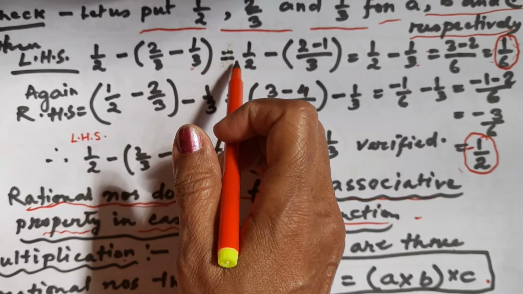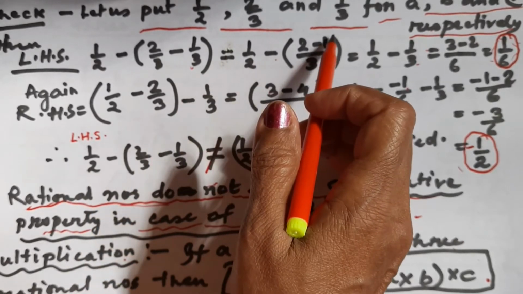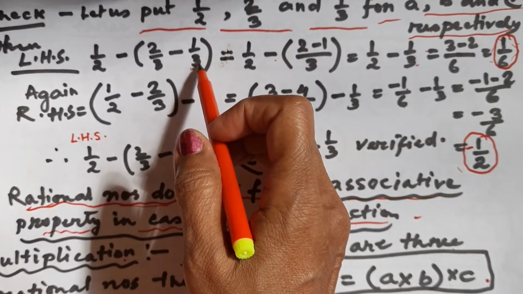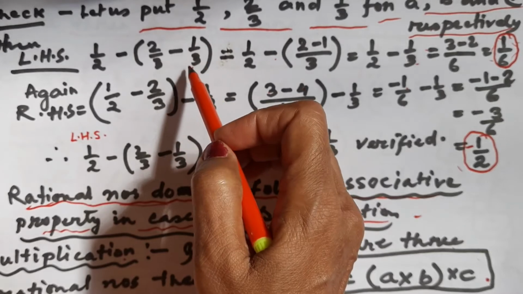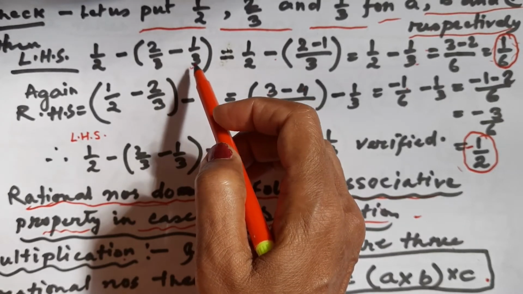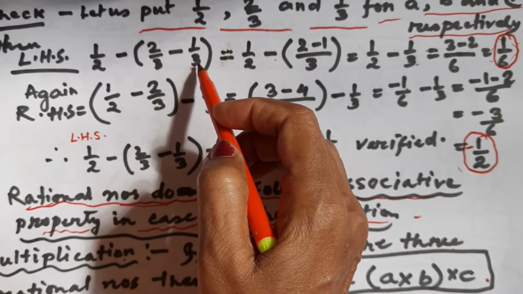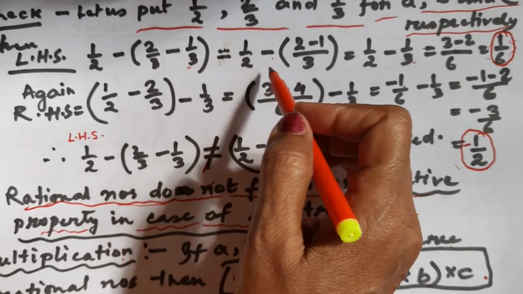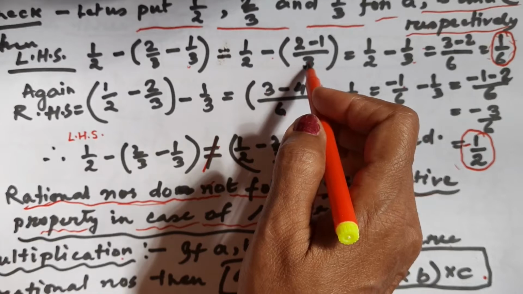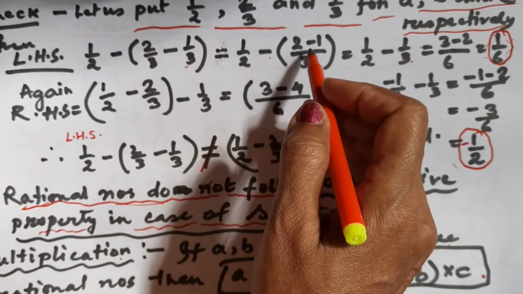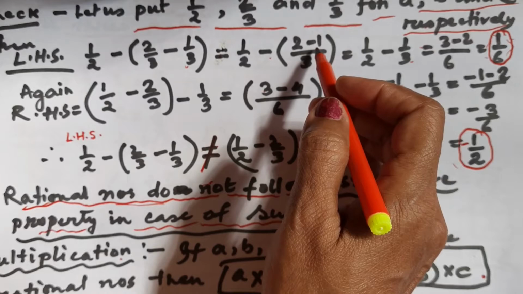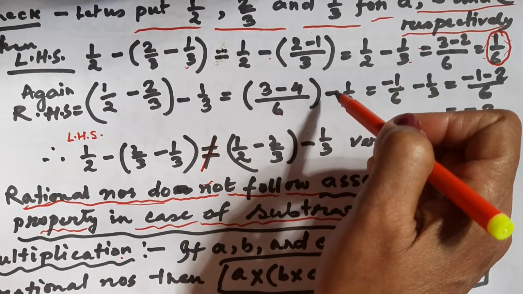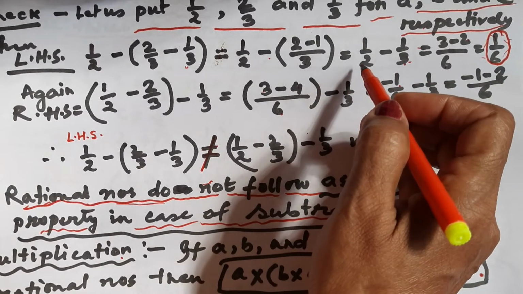So it will be equal to 1/2 minus, we shall do the work in the bracket first, because according to the BODMAS rule, we know first we have to do the bracket. Therefore, the denominators are common, so 2 minus 1 in the numerator. So 2 minus 1 is 1 and it will be 3.